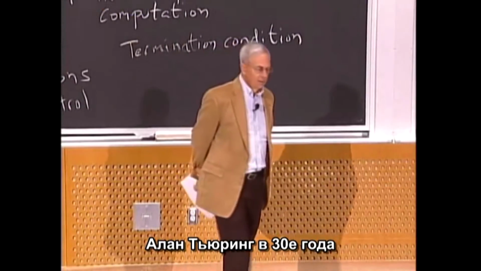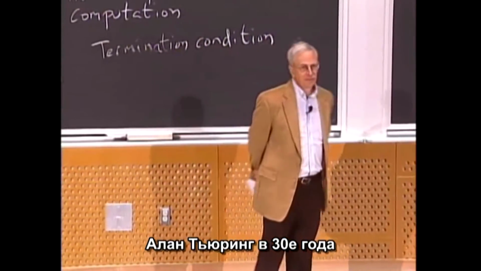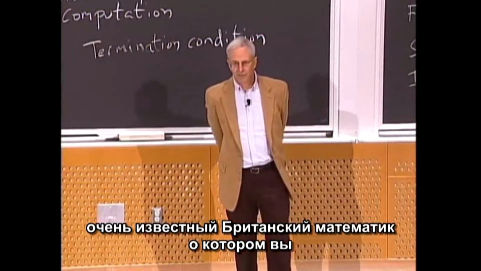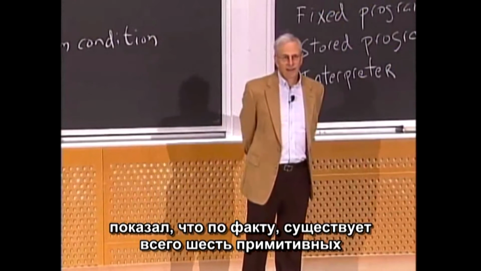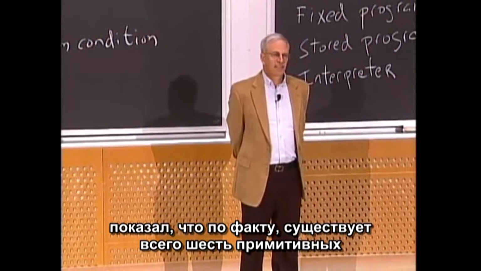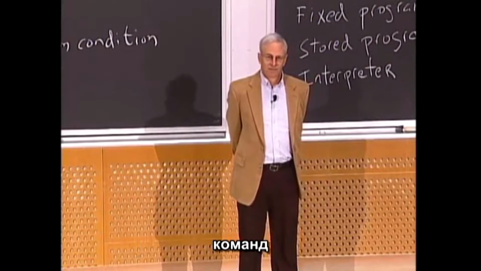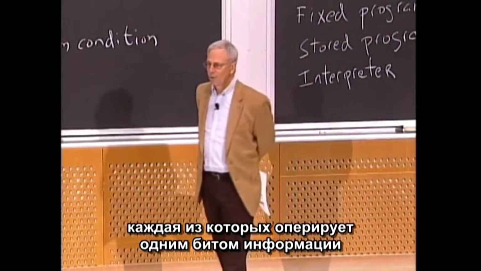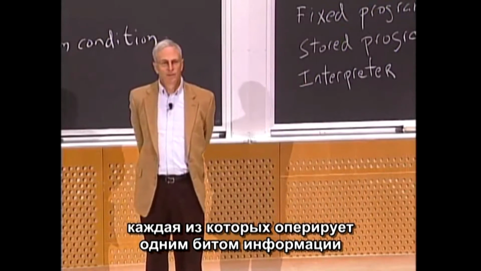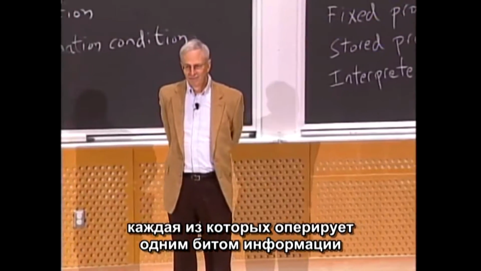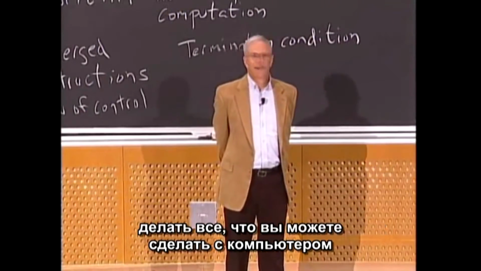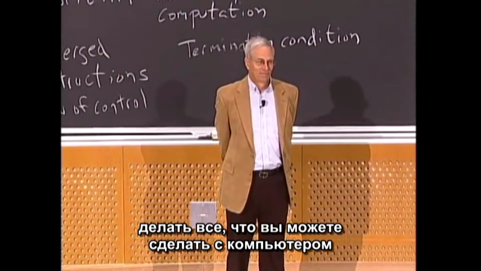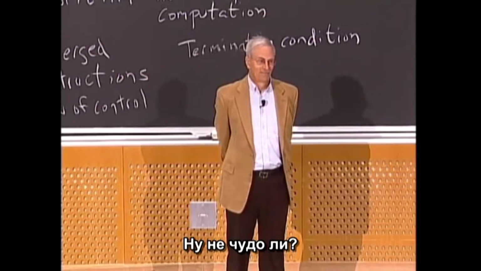Alan Turing, in the 1930s, very famous British mathematician of whom you will hear more, showed that in fact there were 6 primitive instructions, each of which operated on 1 bit of information. And with those 6 primitive instructions, you could do anything that could be done with a computer. Kind of amazing.